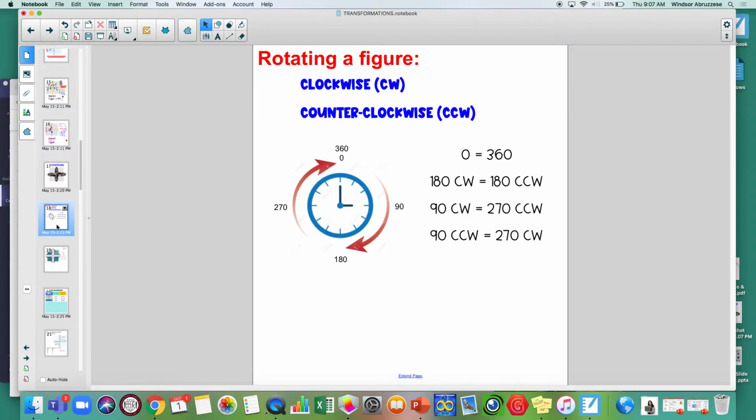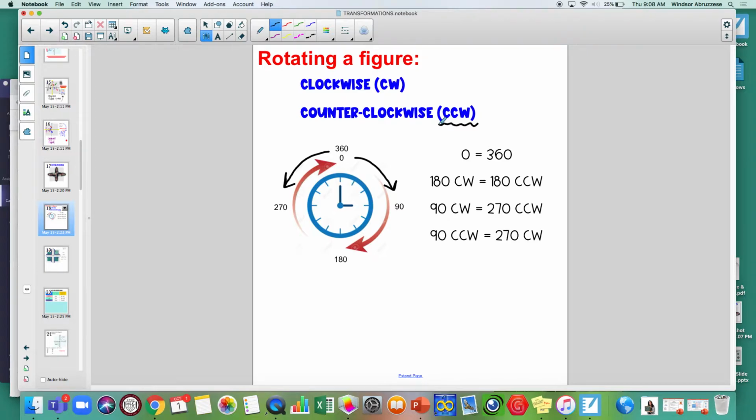I have a picture of a clock here, and when you turn to the right, just like the arrows shown here, that's called clockwise. The way we read a clock is turning to the right, so we say clockwise. If we were to turn to the left, that's called counterclockwise, and we write CCW to stand for counterclockwise.